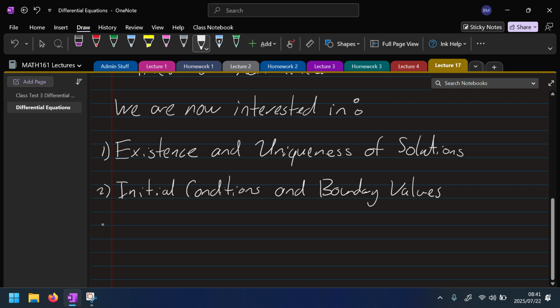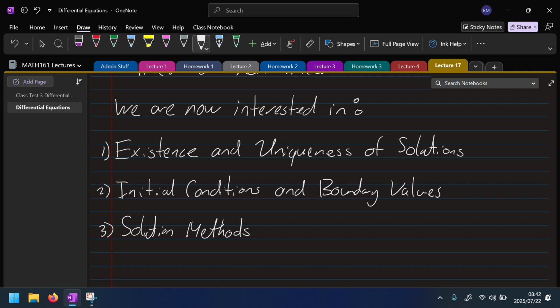Okay, and number 3, solution methods. This last chapter will be the largest chapter and will be on actually solving these differential equations. Depending on the differential equation given to you, there's a number of methods you can use to solve it. Now, as soon as I say a number of methods to solve it, you must think about your bonus marks.